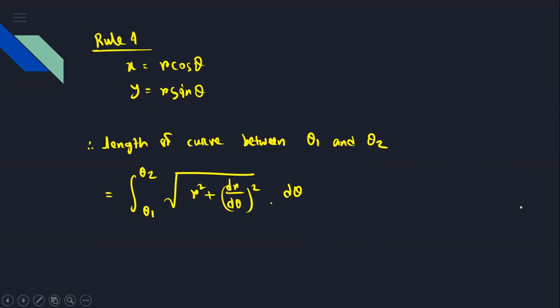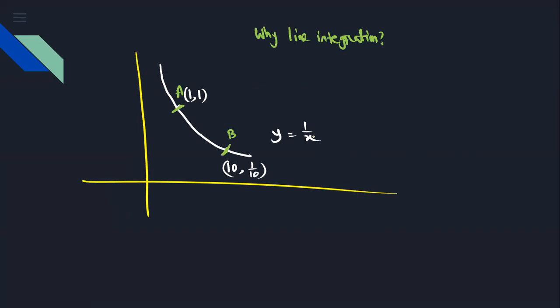In the final rule, if we have a polar form of x and y, then the curve length equation will look like this: root over r square plus (dr/d theta) whole square, and we integrate with respect to theta. And why is line integration important? Line integration is important to calculate the length of the curve.